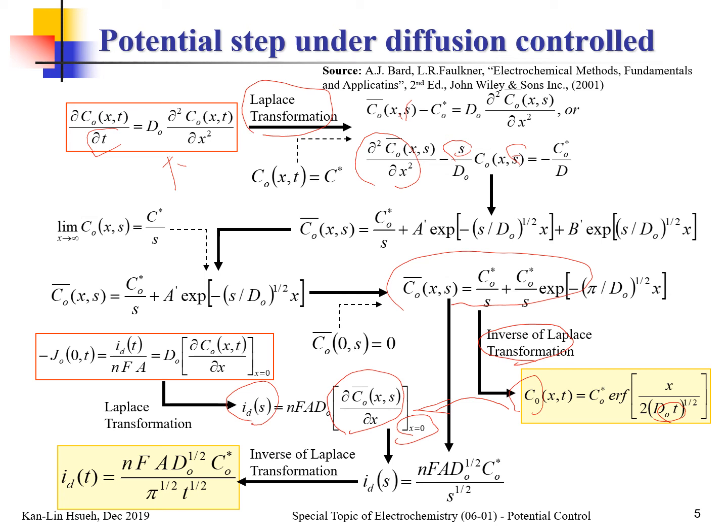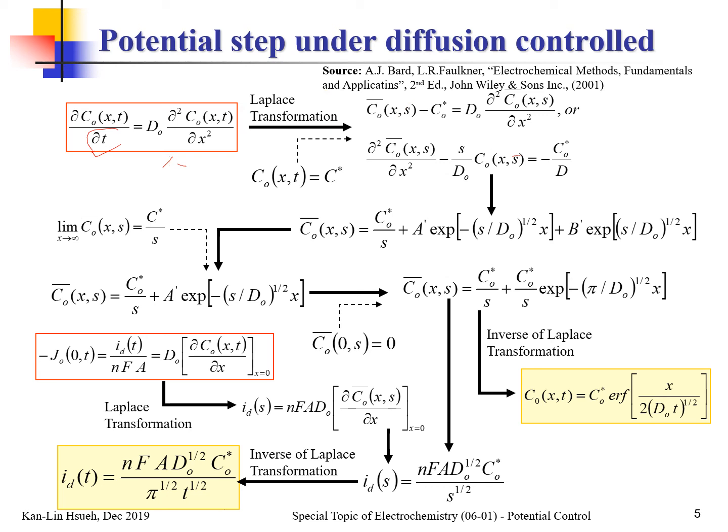We end up with this equation, which they call the Cottrell equation. For the detail, if you're interested, you can look through the textbook or check this slide to see how it comes out. In the next slide, we can talk about the applications of this equation.